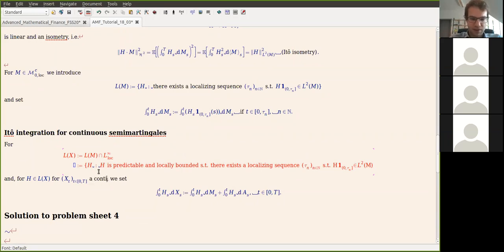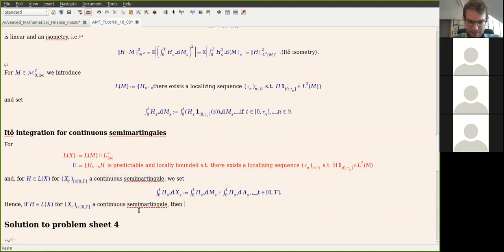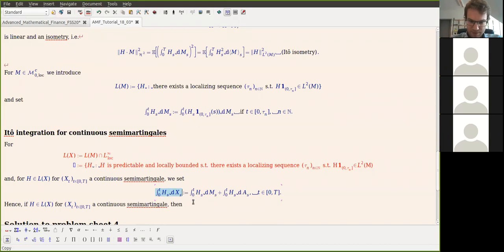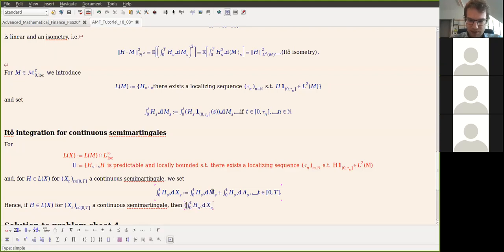Okay, it continues. I think this is what I already used somewhere, because in my head it was clear, but in the lecture notes, probably not. So if, then this process in time is again a semi-martingale.